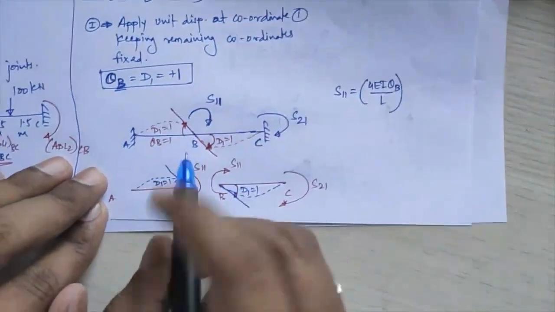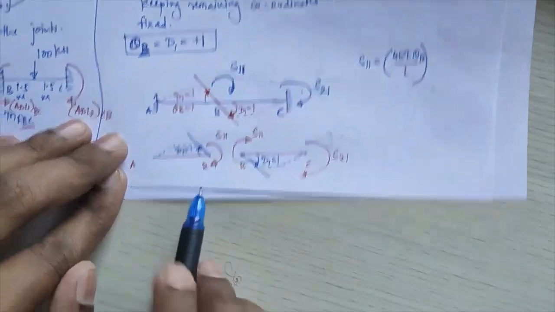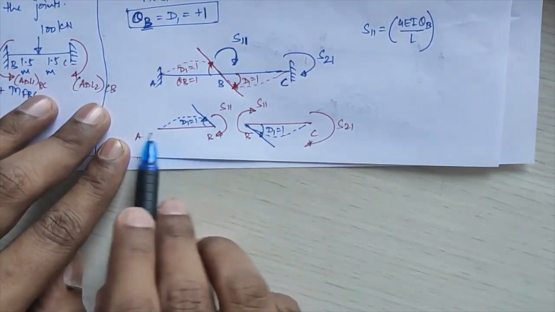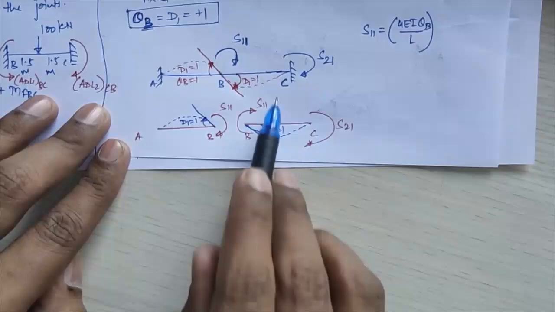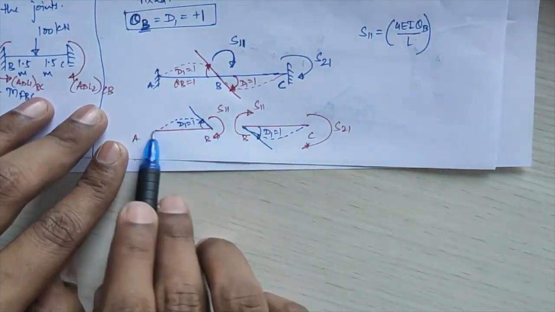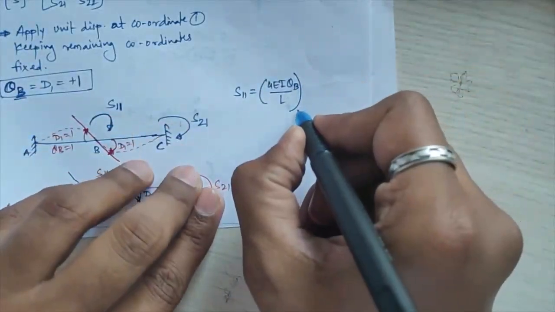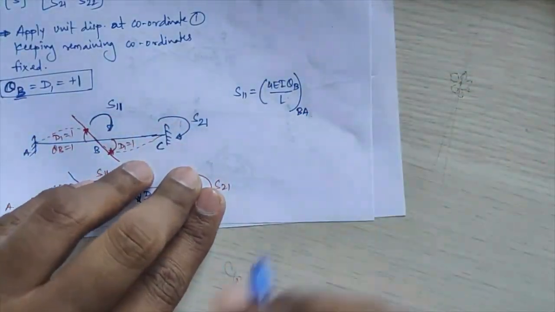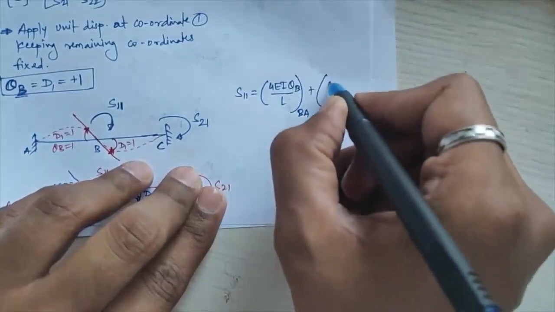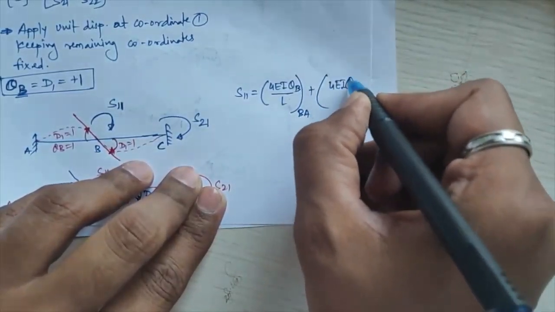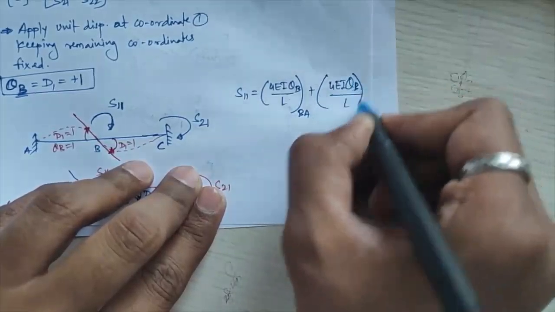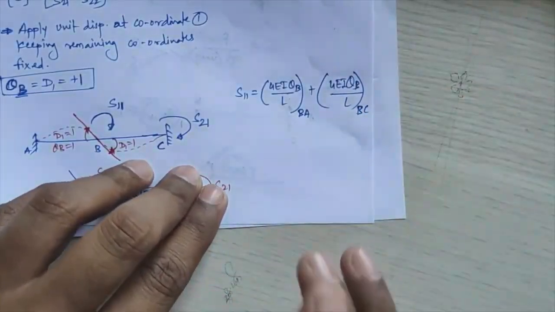But S11 is for two members, BA and BC, so B is a near end for both. So S11 will be the summation of two terms: first 4EI theta b upon L for BA, plus 4EI theta b upon L for BC.